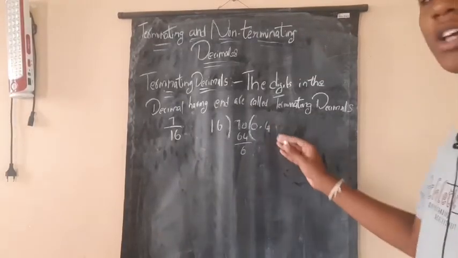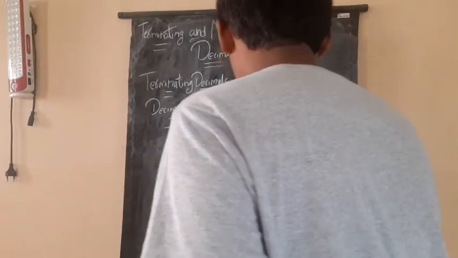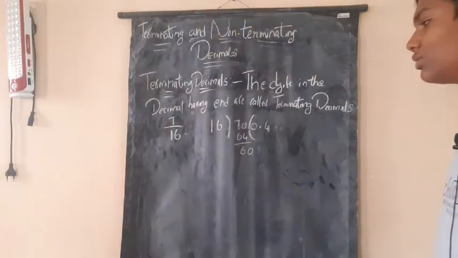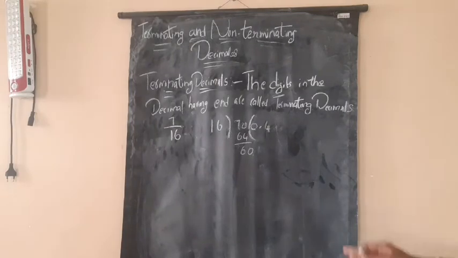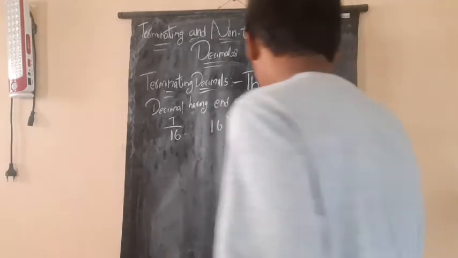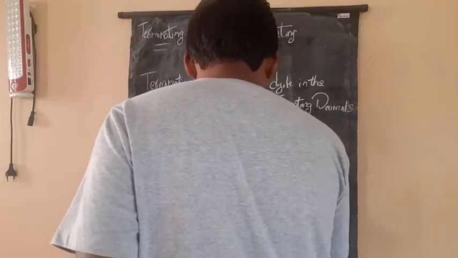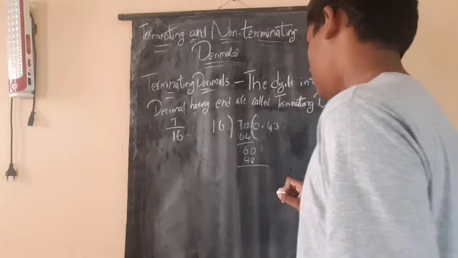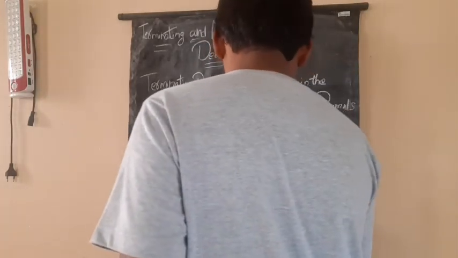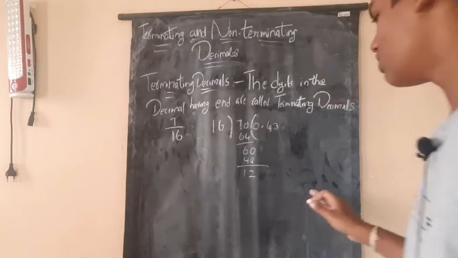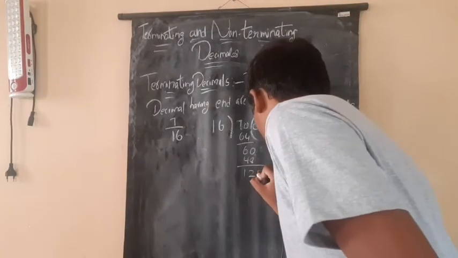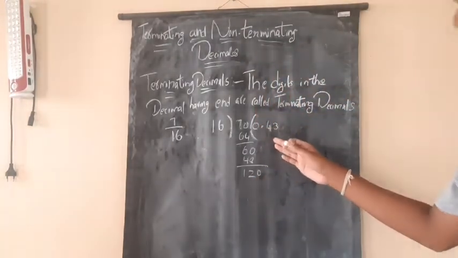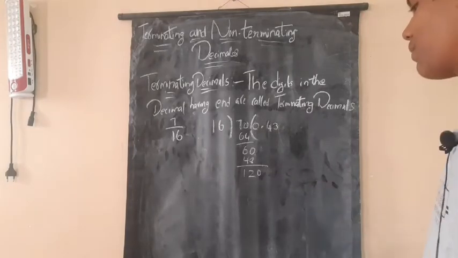We already kept the point, so keep 0 here. Now 60, what is the nearest multiple? 16 3s are 48. 60 minus 48 is 12, and here also we keep 0 because we already kept the point.